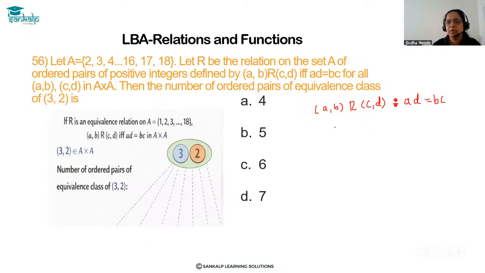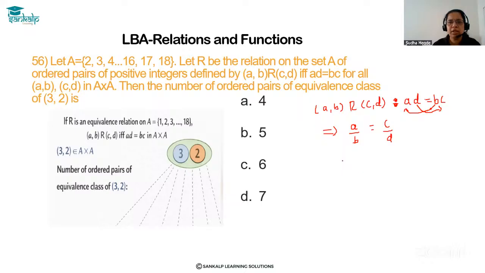This implies a/b = c/d. Can I write like that? Move this b to this side, this a will be as it is, and similarly move this d to this side.